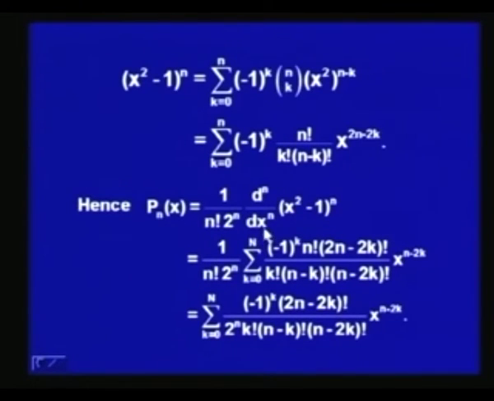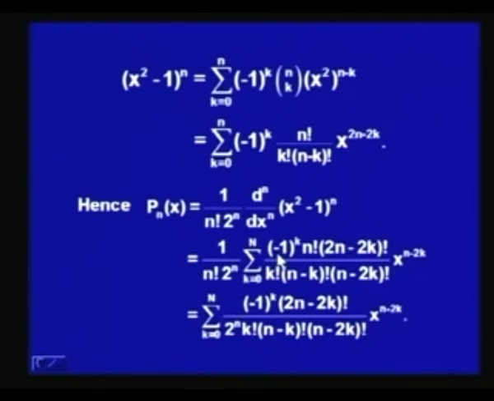After differentiating n times with respect to x, the expression for (x^2 - 1)^n will have 1 over n! 2^n sigma k equal to 0 to n of (-1)^k n! (2n - 2k)! over k! (n - k)! (n - 2k)!. When you differentiate this with respect to x n times, the power of x, which is 2n - 2k, will reduce by n and will become n - 2k, but the power of x is either 0 or 1.